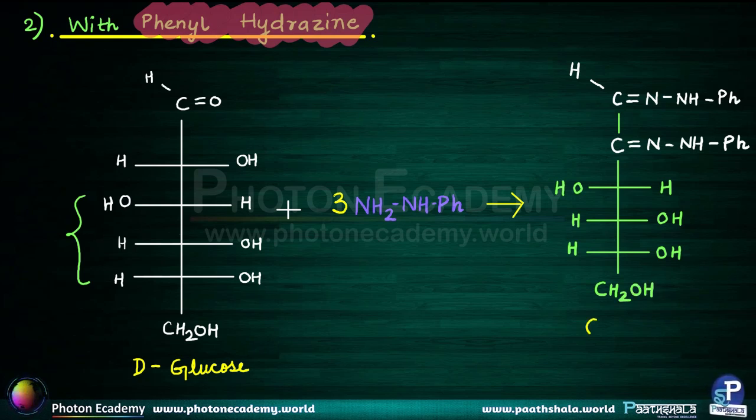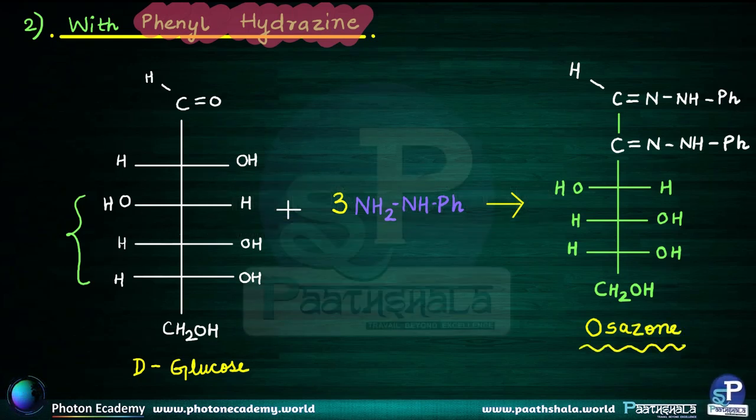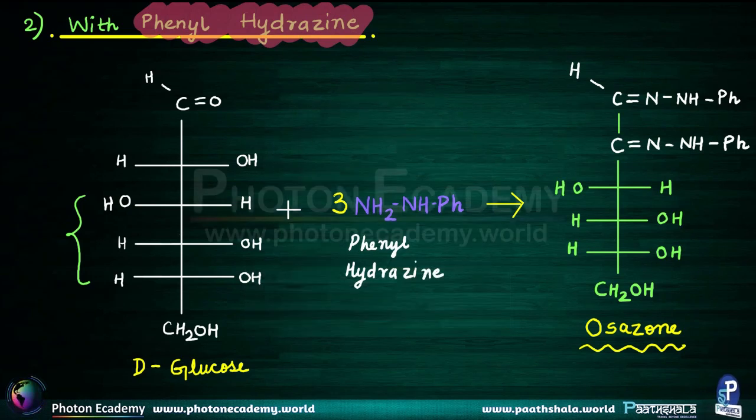So what is it known as? Osazone. This particular compound is formed when D-glucose reacts with 3 moles of phenylhydrazine. This is our phenylhydrazine. So 3 moles of phenylhydrazine, when reacting with D-glucose, give us osazone.